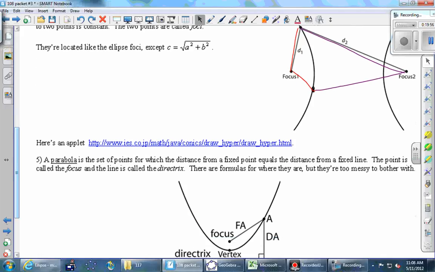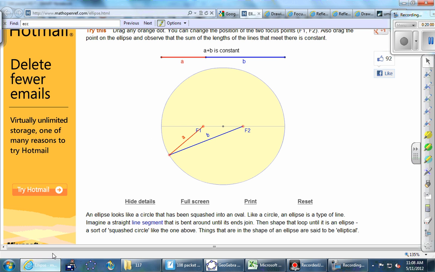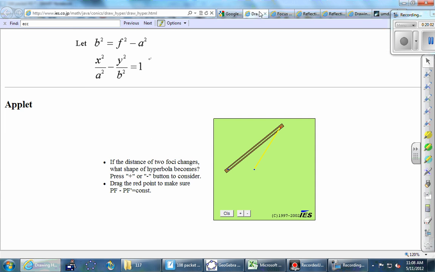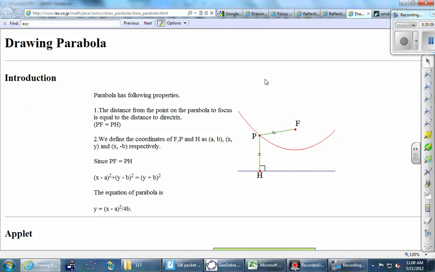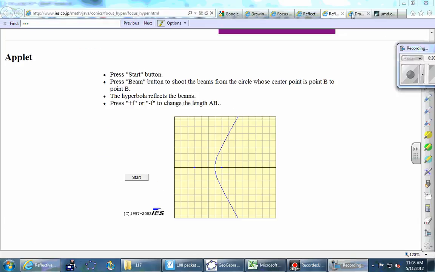Okay, another applet for hyperbola. Let's take a look at this one. All right, I think we can close stuff as we go. What is happening here? That's for later. This one here, parabola. Somebody help me out. Where's the one I want? That one?